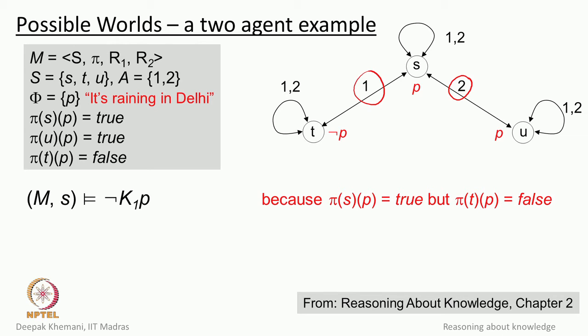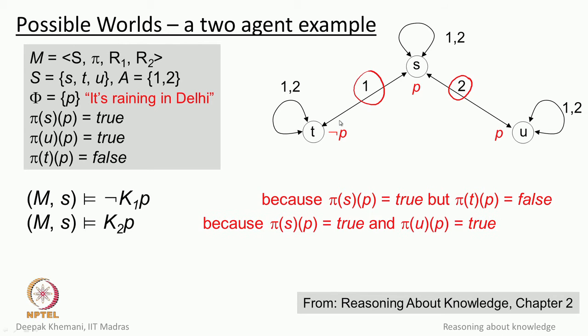You can see that P is true in S, but it is not true in T. So, we cannot say that agent 1 knows P, because even though we are talking about state S, agent 1 cannot distinguish between state S and state T. So, agent 1 cannot say whether P is true or not.